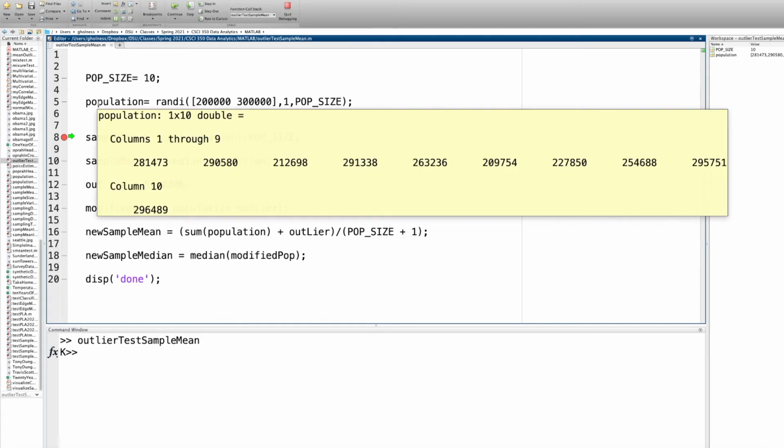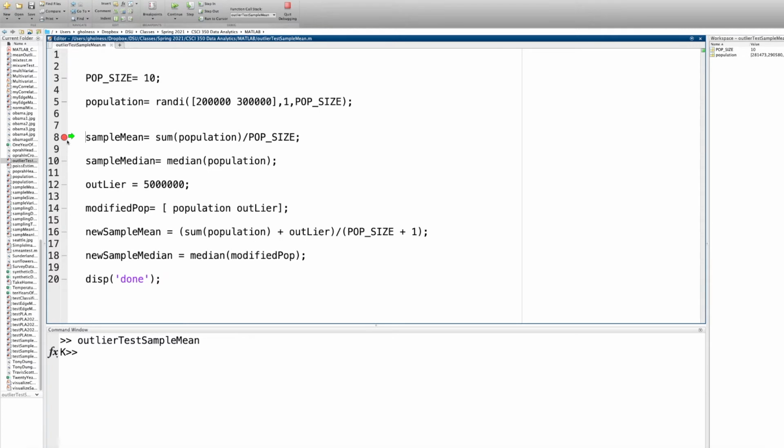We produce that sample, and we're going to call this our population of values. We have 281, 473, 290, 580, and a number of values in between. Now we're going to calculate the sample mean from among this set of houses. Let's step, and we see that the sample mean is 262,000. Okay, that's the mean.